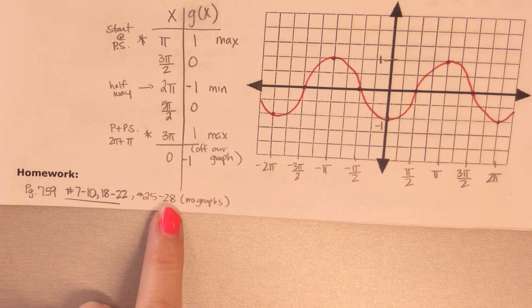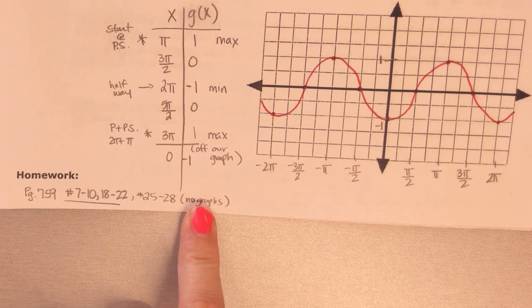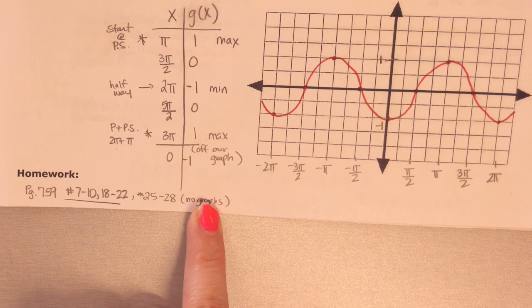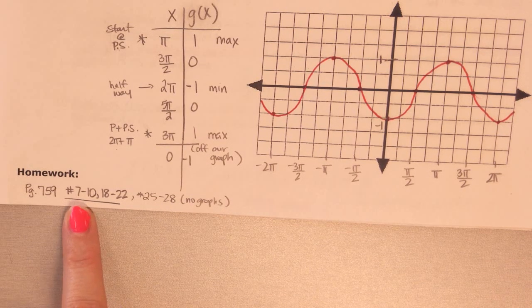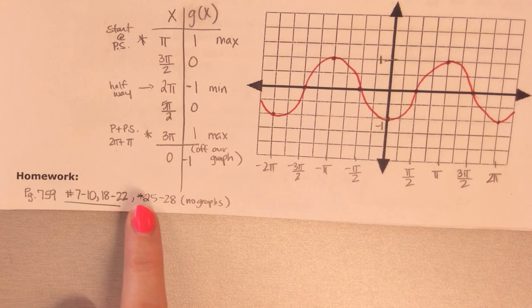But again, I would start some of them. So like 25 through 28, you don't have to do any graphs for those. So if you want to do those tonight, that would be a great thing. You're doing 7 through 10, 18 through 22, and then again the 25 through 28, you are not graphing.